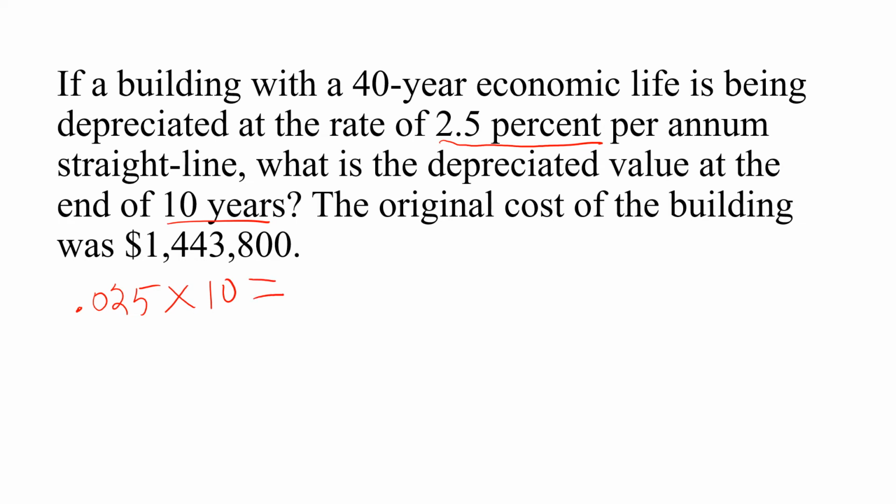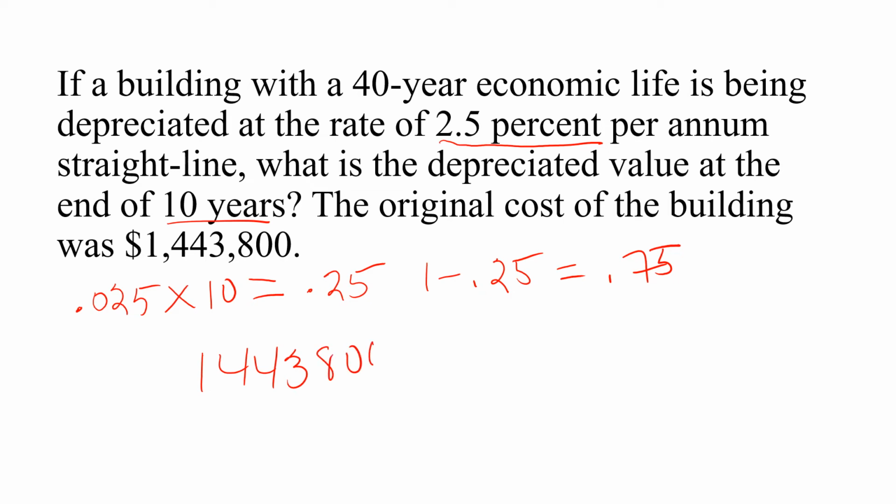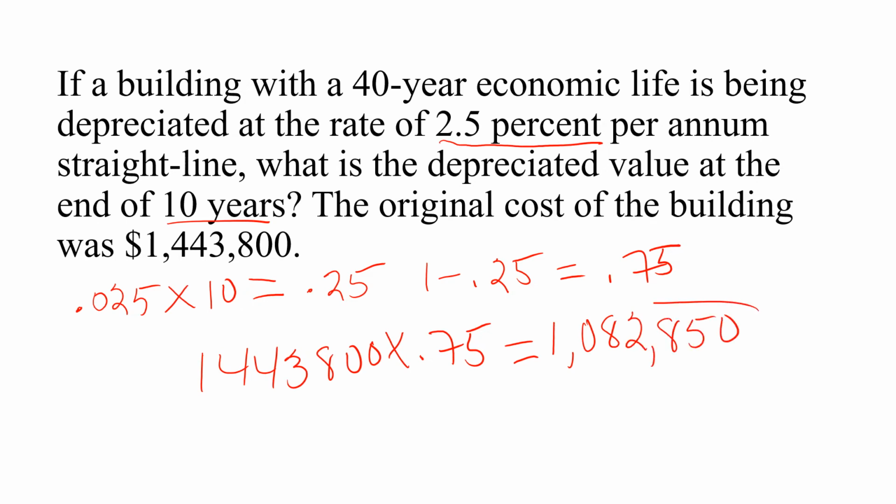That gives us 0.25. So 1 minus 0.25 equals 0.75. So we'll take our value 1,443,800 times 0.75, and that gives us $1,082,850.